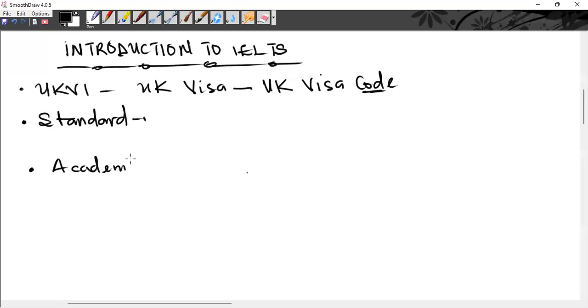The academic test is for people applying for jobs where the minimum qualification is a first degree, or highly skilled professional jobs that require a certain level of professional ethos, like nursing, administration, anything. For that one, if you have a diploma, you can be accepted. That is a diploma in nursing. You can also use the academic exams.